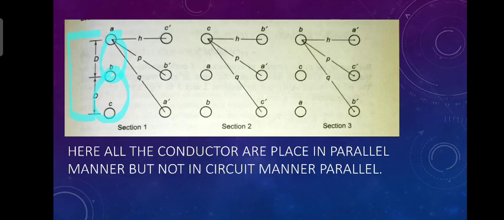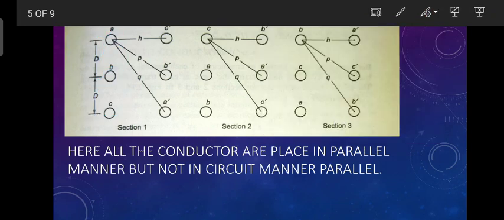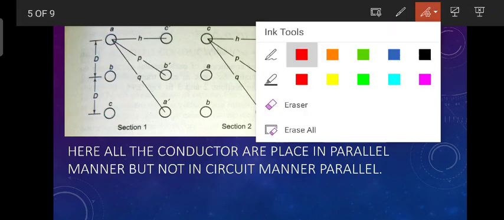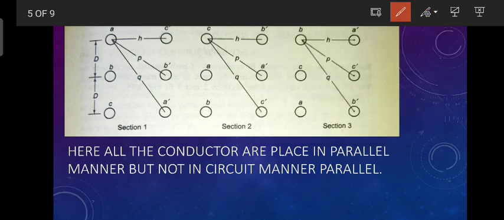The distance between A to B is D, and the distance between B to A is the same distance D, so D into D. And the distance between A to B dash is P, and the distance between B dash to A is also P.